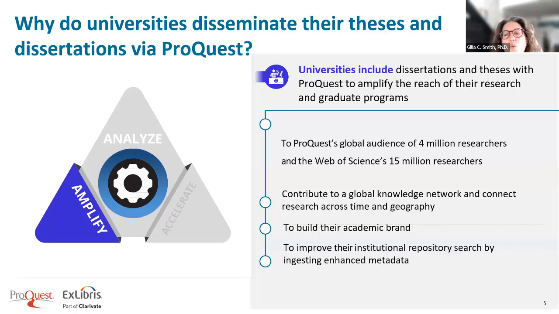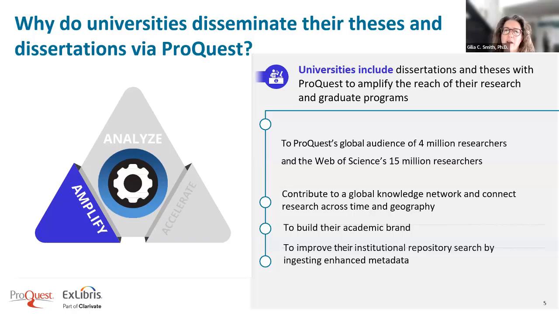So what that means in a functional sense is that the people who are downloading and using theses and dissertations from ProQuest are academics. They're not hackers in China. They're not everyday folks who are just browsing around. They're trained scholars. And so it's a very specific audience that we offer access to.